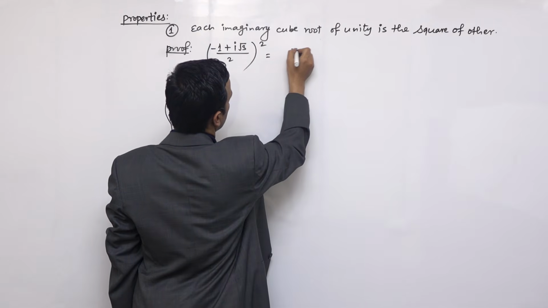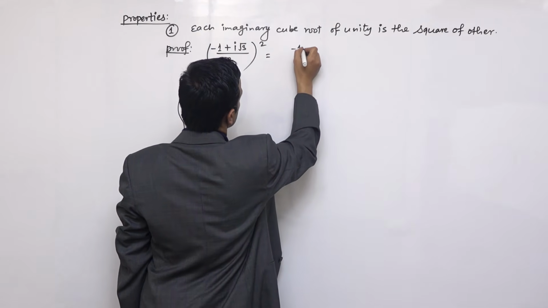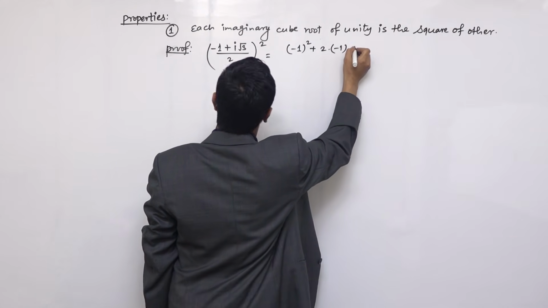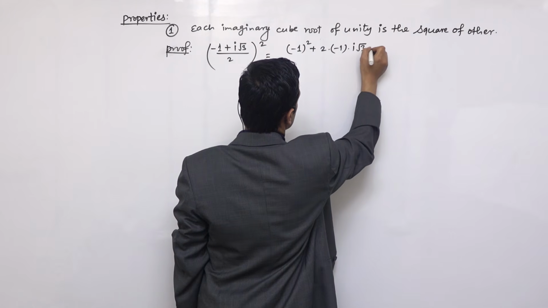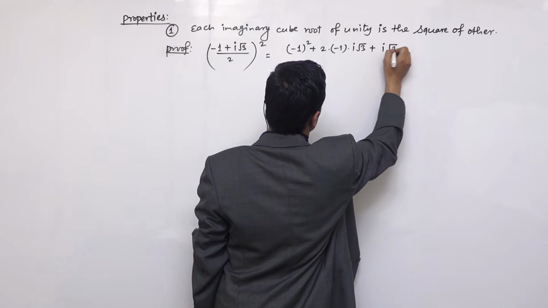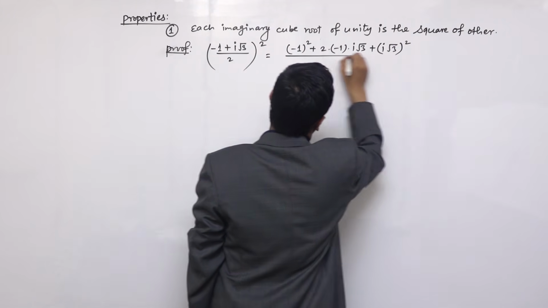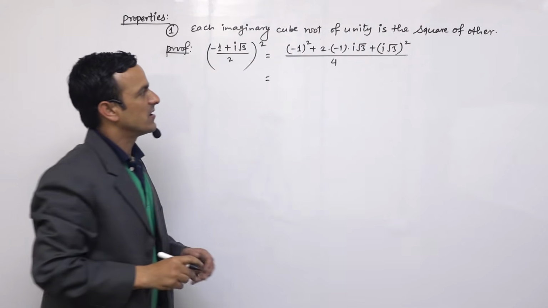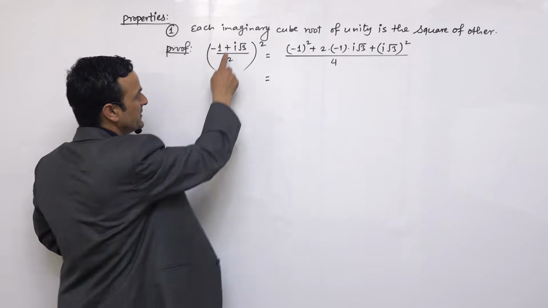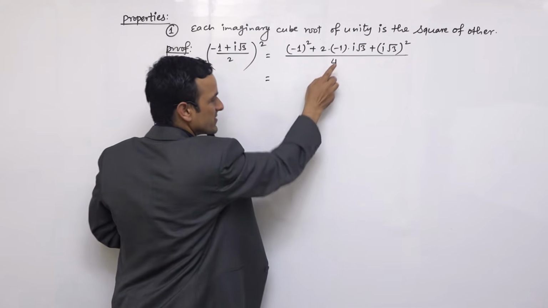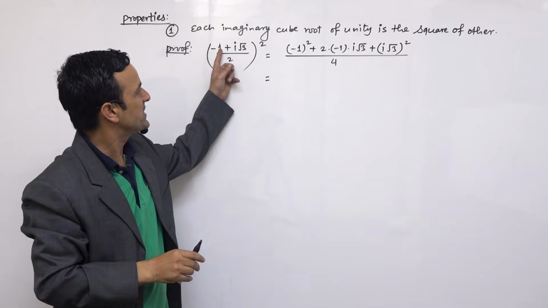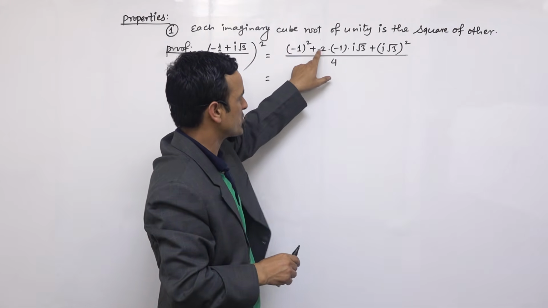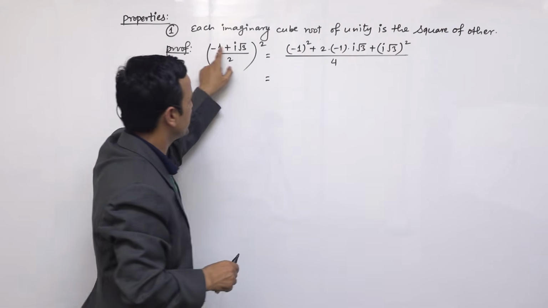Solving it, the square of -1 plus 2 into a into b, which is I root 3, plus b square, which is the square of I root 3, divided by 4. So this is the algebraic formula deduced from here. Here the square of 2 means 4, and (a plus b) whole square means a square plus 2ab plus b square. This is a, this is b.